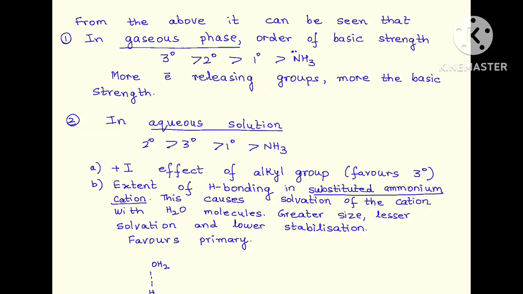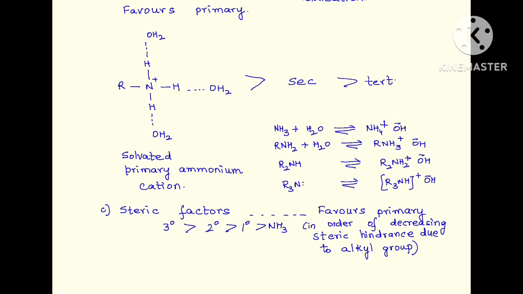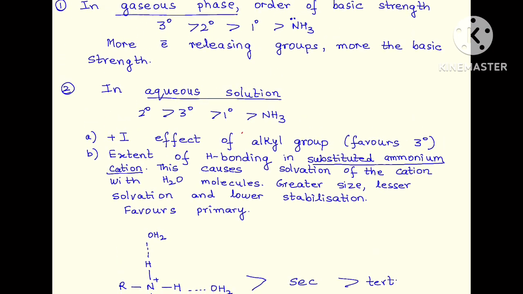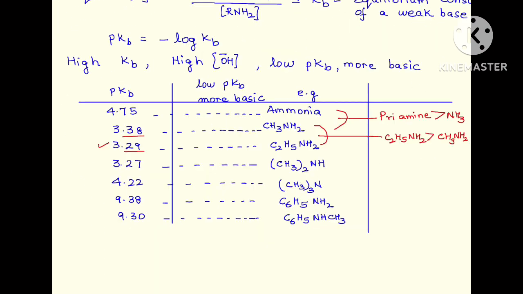We have discussed this, the various factors why some compounds are more basic than others. We spoke about the plus I effect, we spoke about the hydrogen bonding, and we also spoke about steric factors. So now correlate your learning to the practical observations that we see here.